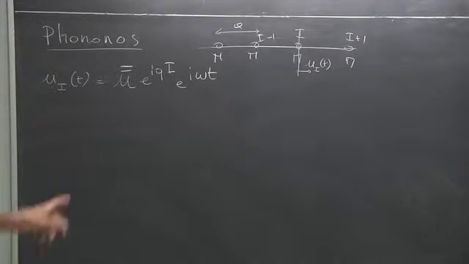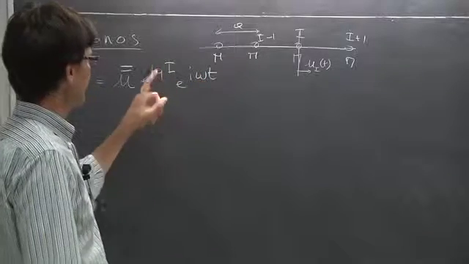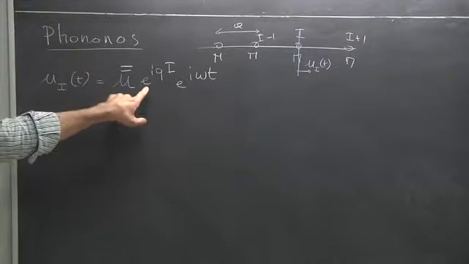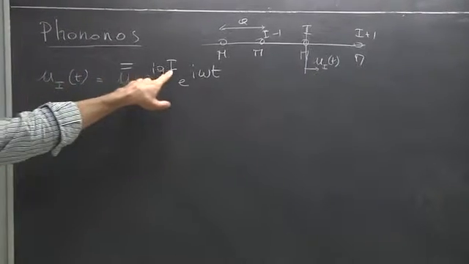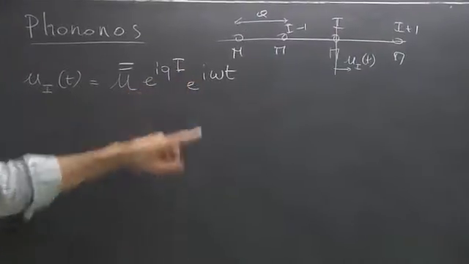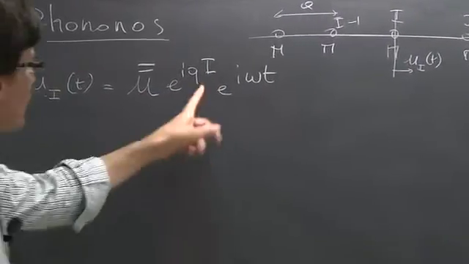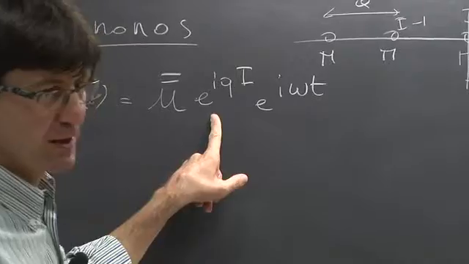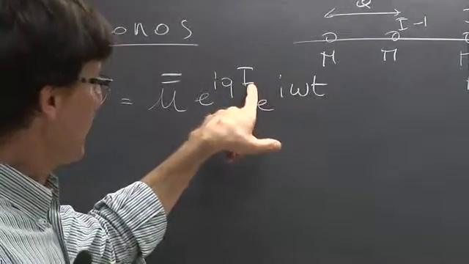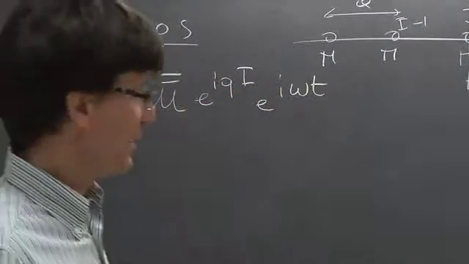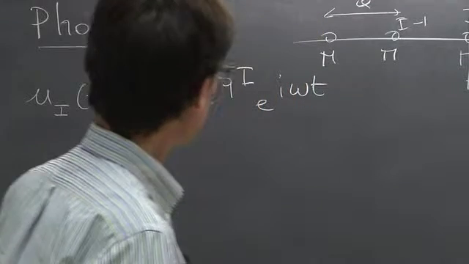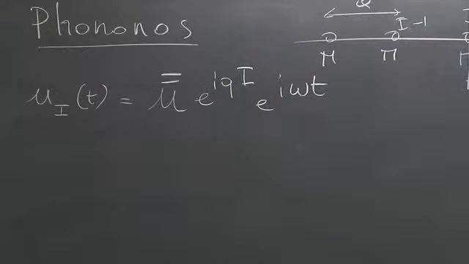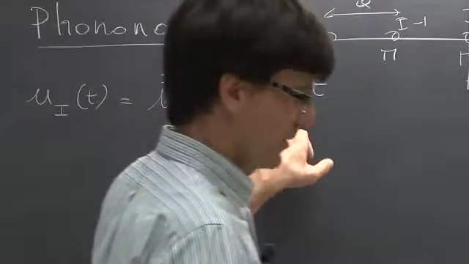So this is a time-dependent solution with a given frequency, characterized by a displacement which depends on the position of the atom along the chain. So each atom will have a different displacement because e to the i q I will be different, of course, because I is different. And all the atoms are moving according to the same frequency.